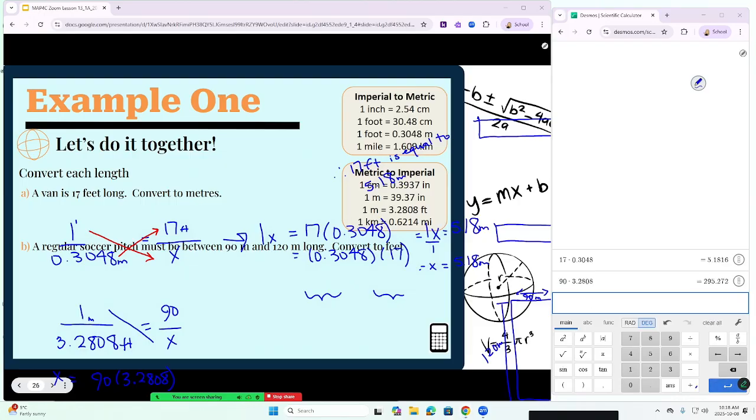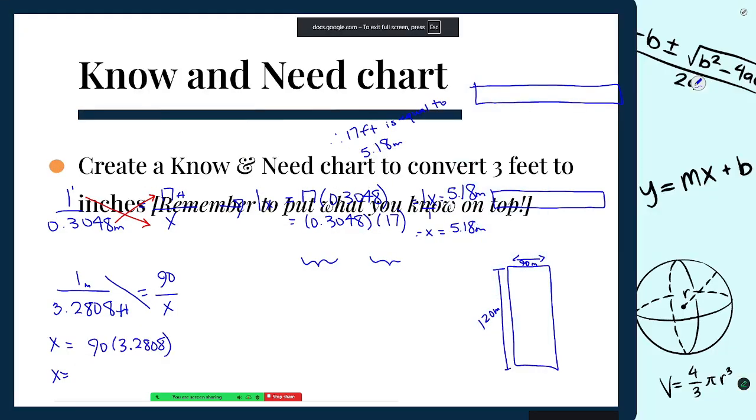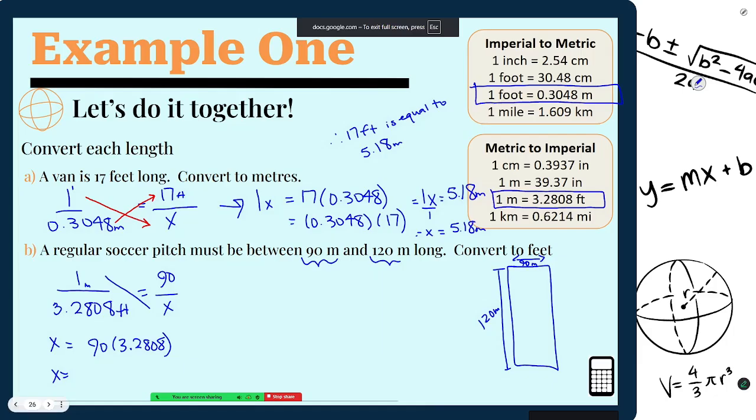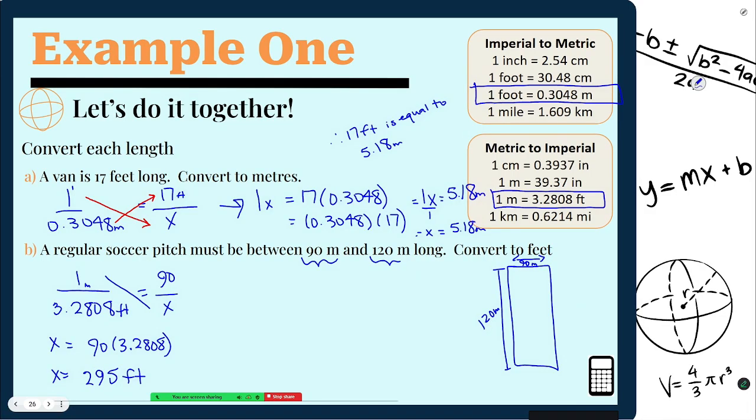We get 295.275. So we're just going to say 295. So 90 meters is equal to 295 feet. All right, that's the first width.